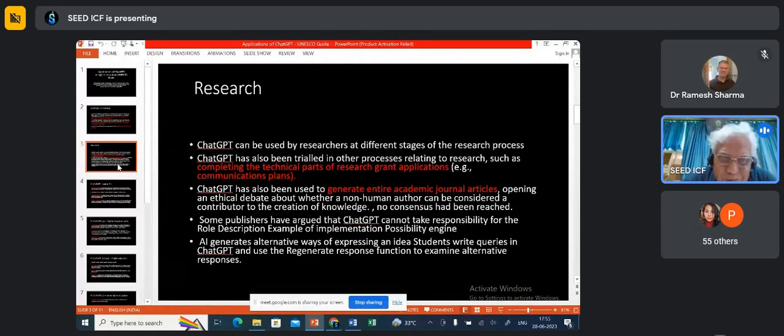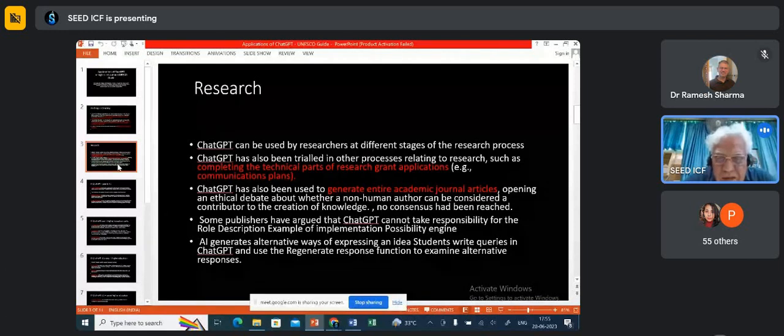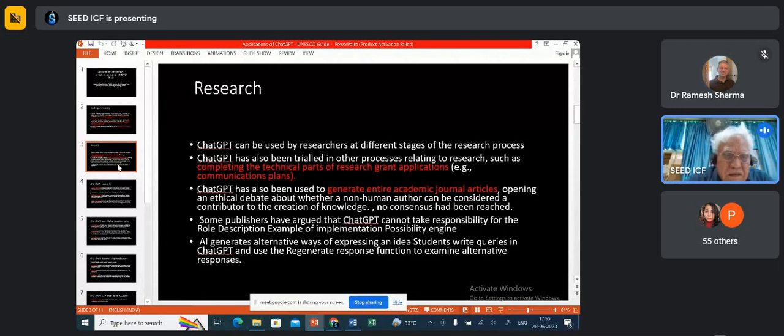Whether that article could be accepted or not, or who holds responsibility for it, no consensus has been arrived at yet. People are doing it, but consensus has not been reached. Some publishers have argued that it cannot carry responsibility for role descriptions. So this is a challenge, whether it should be accepted or not.